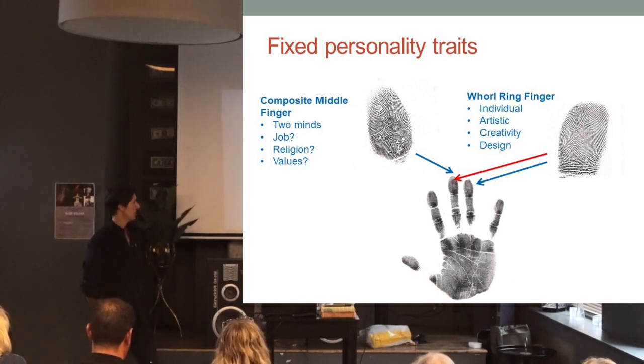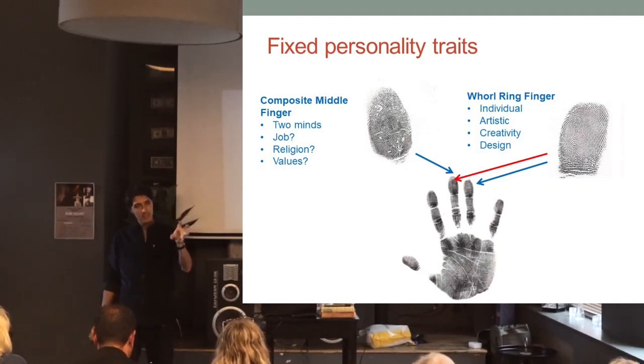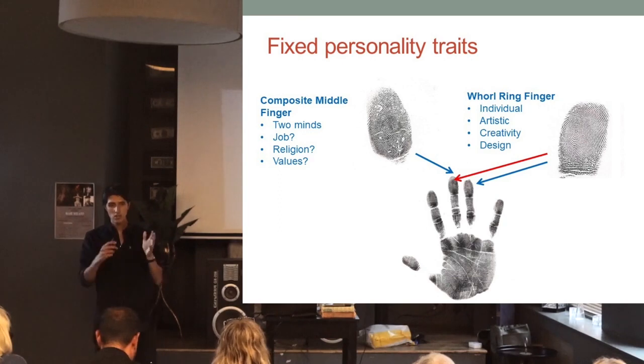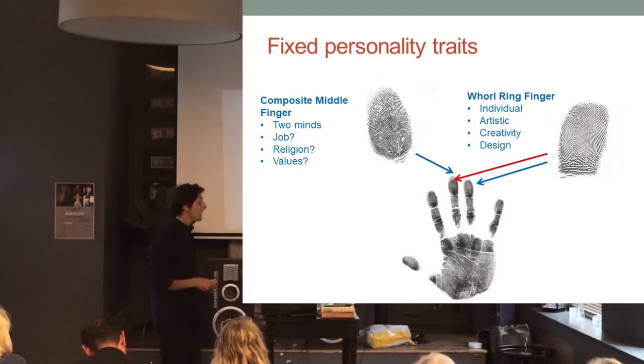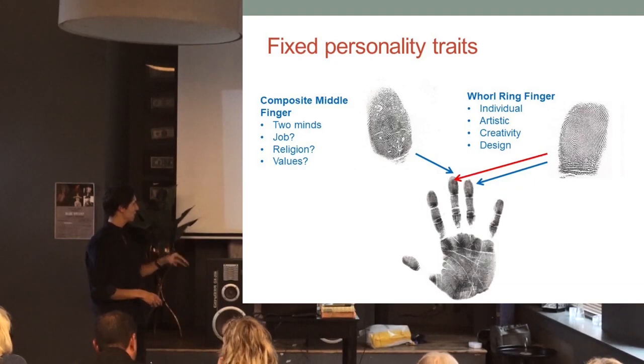A whorl on the ring finger, as I said, a whorl individualizes and intensifies the finger that it's on. So if it's on the ring finger, you're going to have an individual, intense, creative, artistic ability. So this is found on photographers, fashion designers, artists, graphic designers. All of these types of people would have whorls on either 1 or 2 ring fingers. Haven't got it, doesn't mean you're not artistic, but very often these people are driven by this.